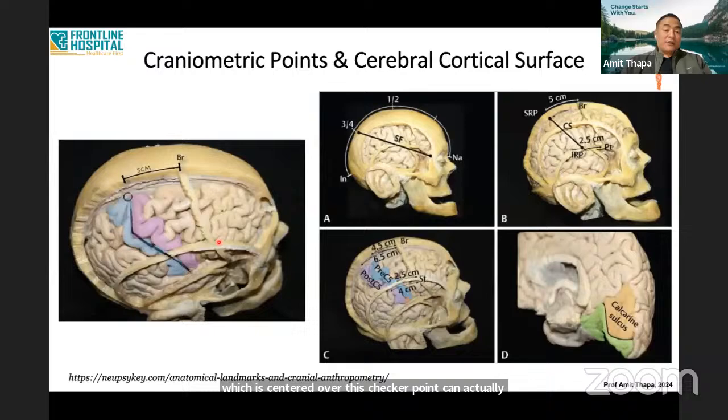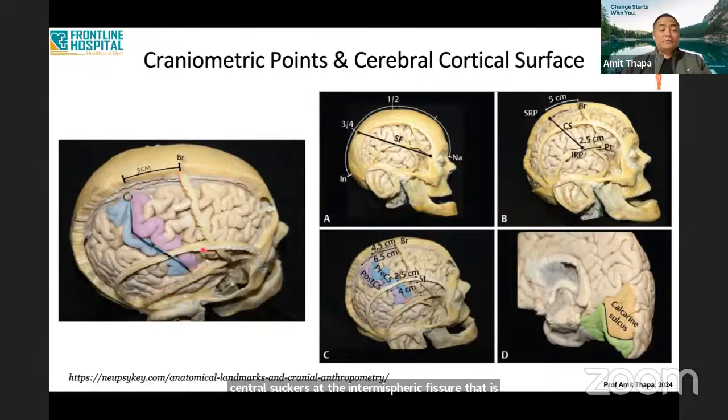So when we do a craniometric point analysis, it is always very interesting to note how these sutures and these intersections lie over the brain. And this particular figure shows that the central sulcus at the interhemispheric fissure, also known as the superior Rolandic point, is almost 5 centimeters behind the bregma.